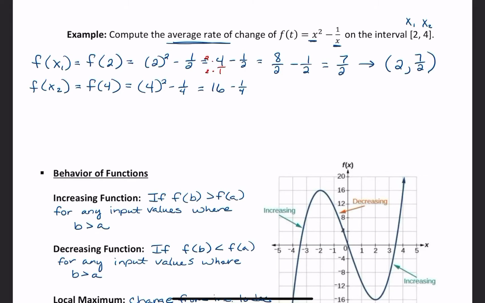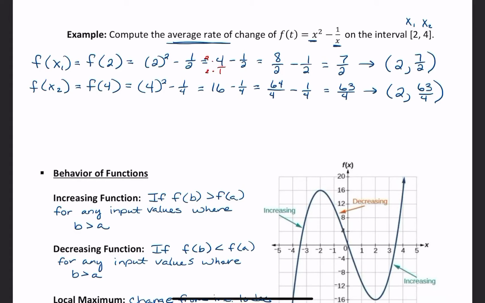If I get a common denominator there, 16 would be 64 over 4 minus 1/4. So that'll give me 63 over 4. Now that's not going to be a nice number, so let's just leave it as a fraction also. Actually, it wouldn't be that bad, but I'll leave it as a fraction anyway.